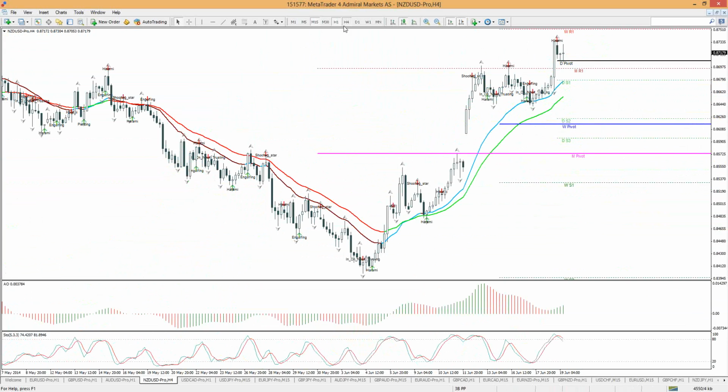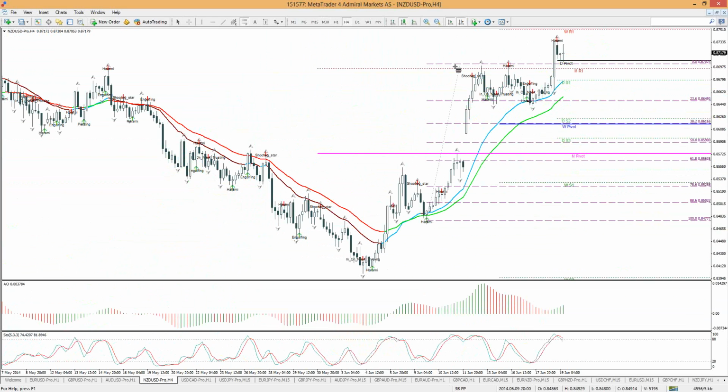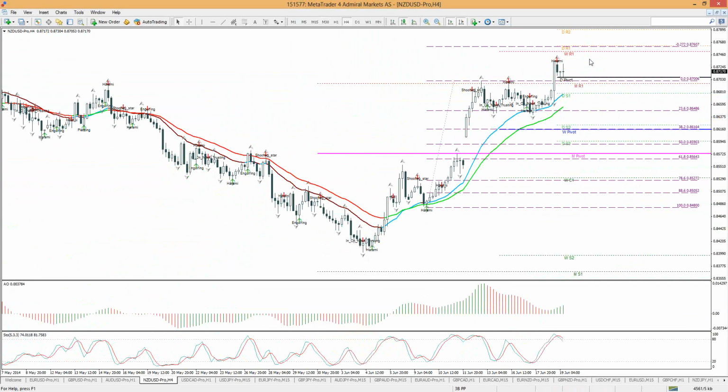the targets using this fib. Once again, the fib would only be used on swing highs, swing lows that have happened prior to current price, because we're actually breaking towards those targets. So minus 272 target is at 87.60.